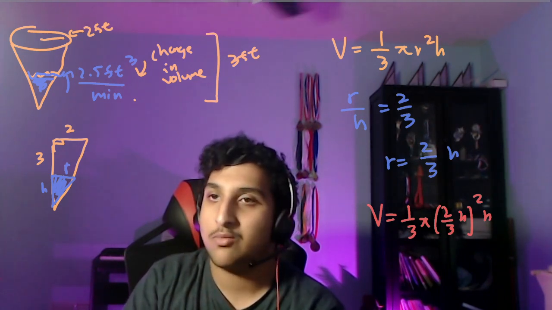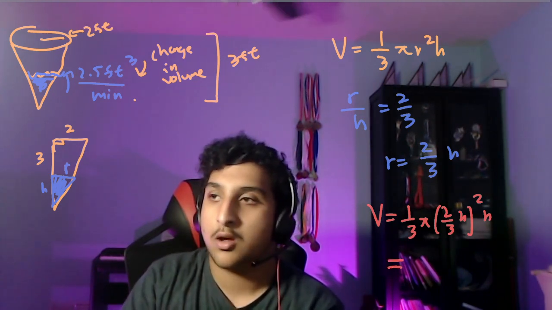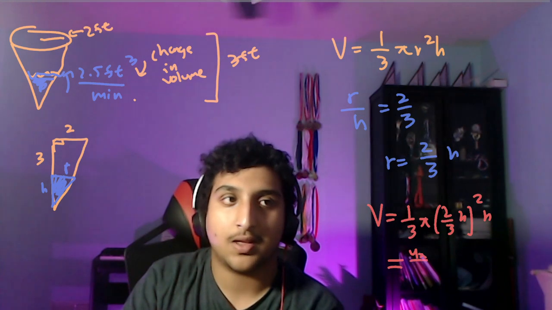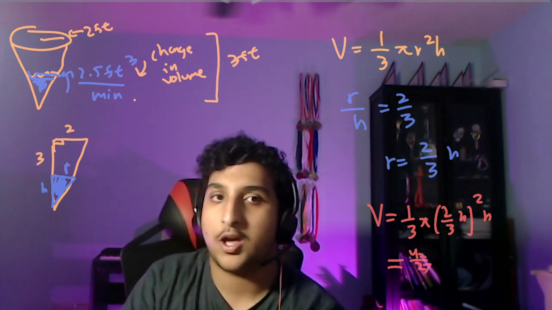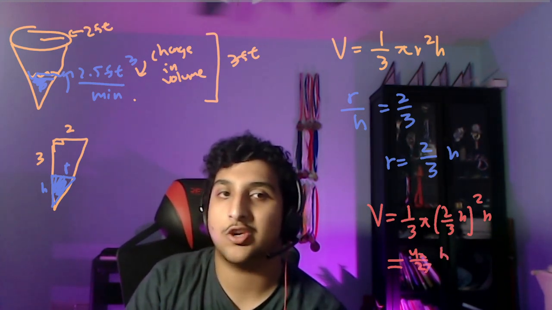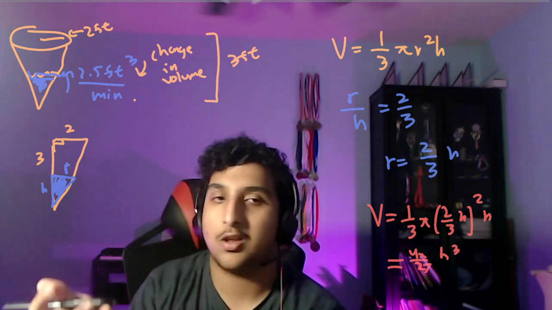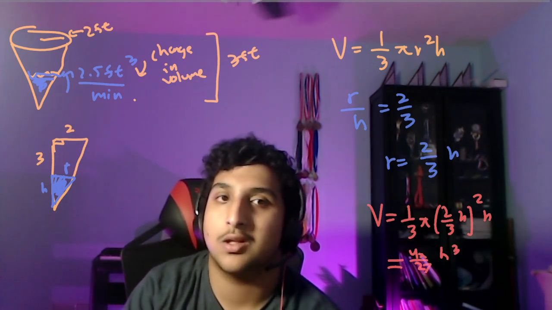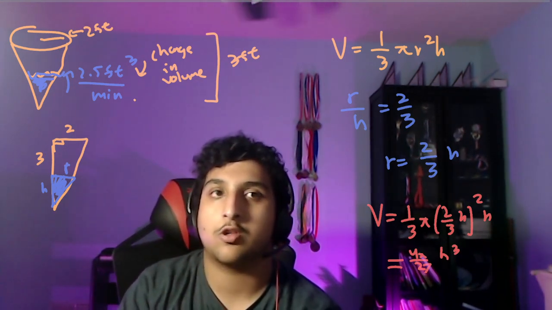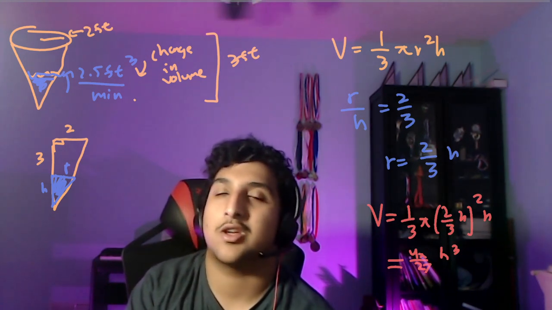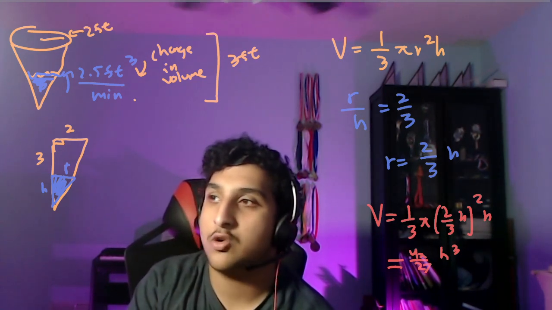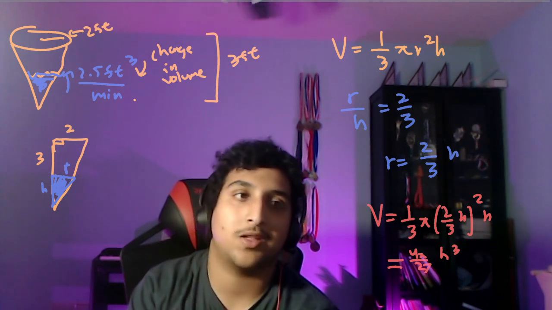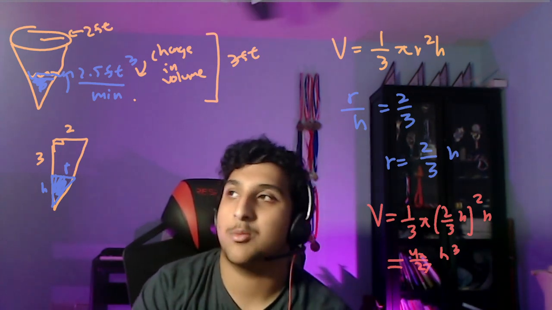And to save you time, this is just going to be 4 pi over 27 h cubed. And we can also do h of t as well. So what else do we know here? We are actually given the change in volume. So I'm going to move on to another slide now that we basically got our main formula.